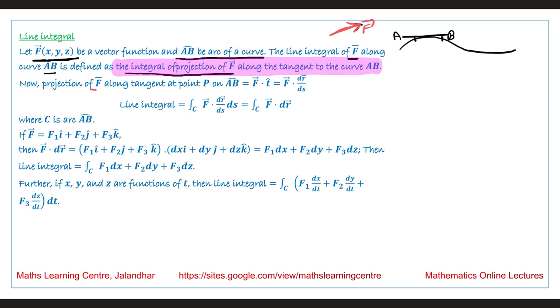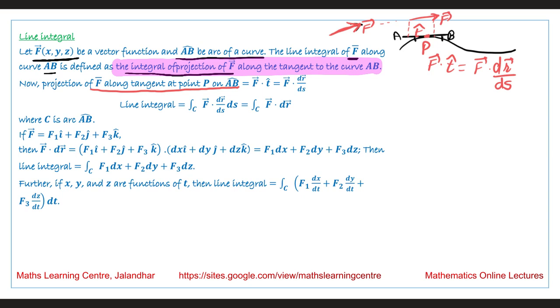The projection of this vector on the tangent is given by f vector dot t cap, where t cap is the direction of the tangent, and t cap is given by dr vector by ds.